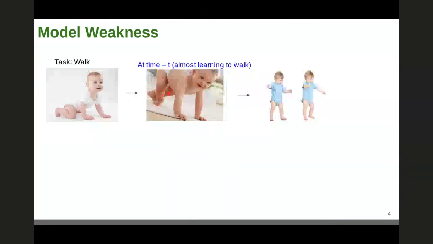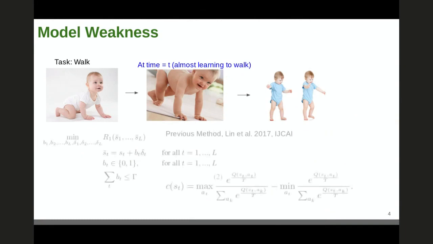But if we can estimate this moment and we push or touch this baby, the baby will find it really hard to walk and never learn. Possibly at this period, it's hard or never successful to finish this walking task.